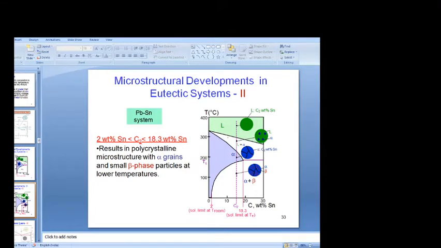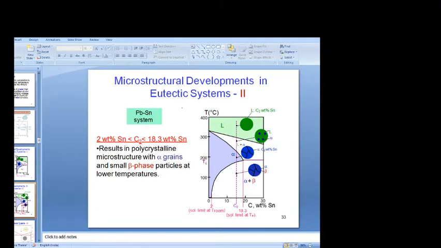So this alpha phase contains 18.3 weight percentage Sn and 81.7 weight percentage of Pb, right?